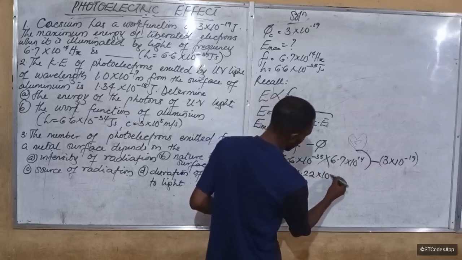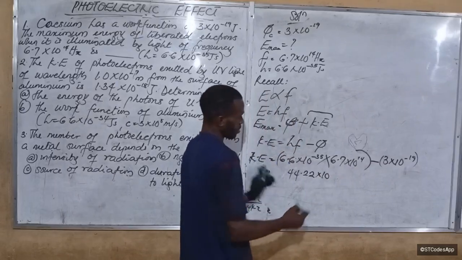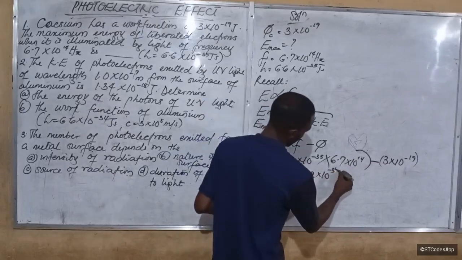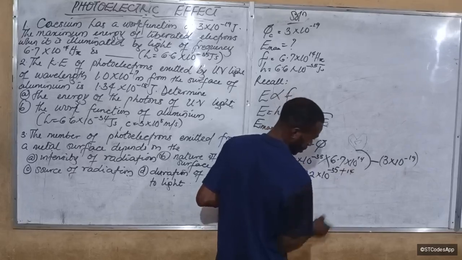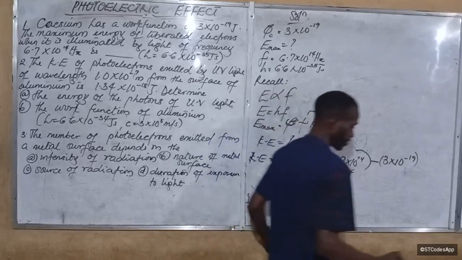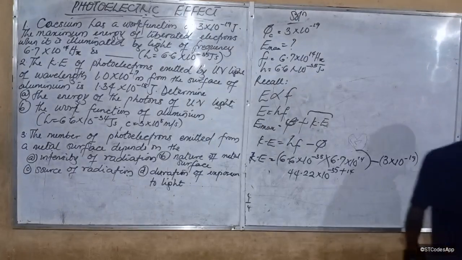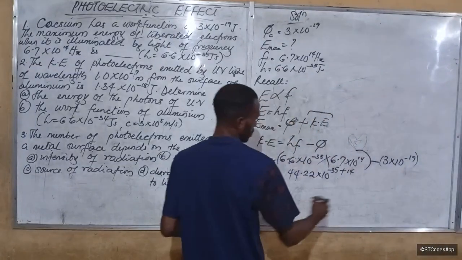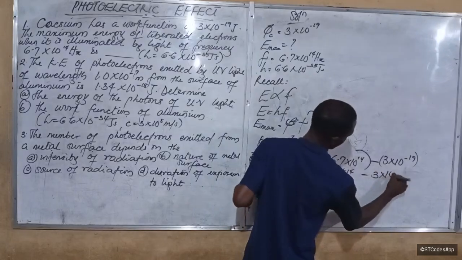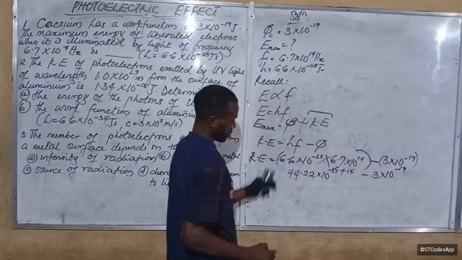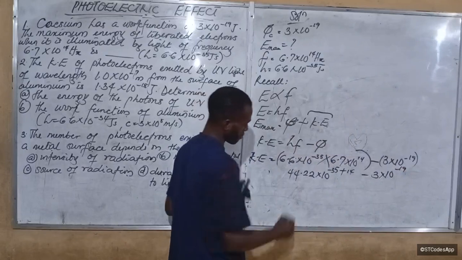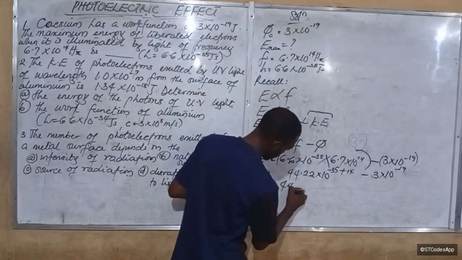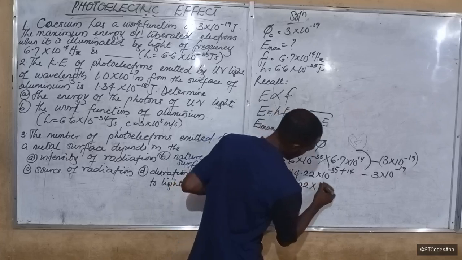Times 10 raised to the power. Now, here we have minus 35 plus 14, then minus 3 times 10 raised to the power minus 19. So we have 44.22 times 10 raised to the power.